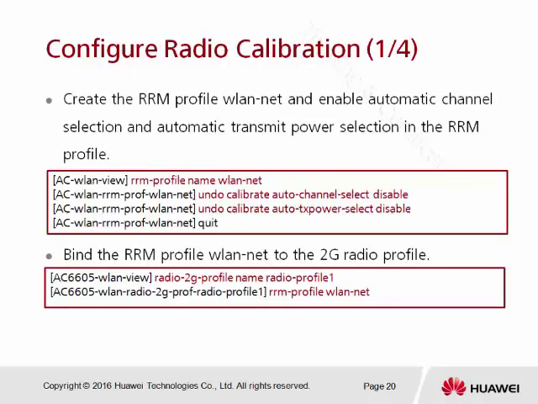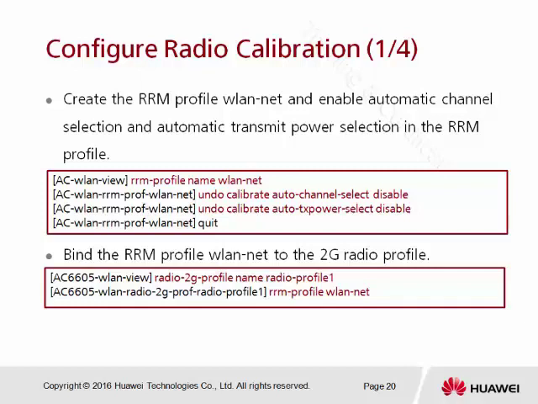What we're going to do here is go inside the WLAN view using a command called rrm-profile, and just give a name for this RRM profile. From here, we use the command undo calibrate auto-channel-select disable, because for most of the WLAN devices here, by default, the calibration is not enabled.